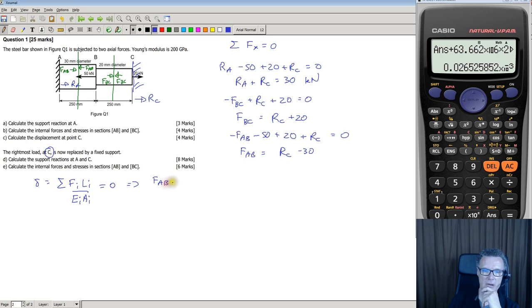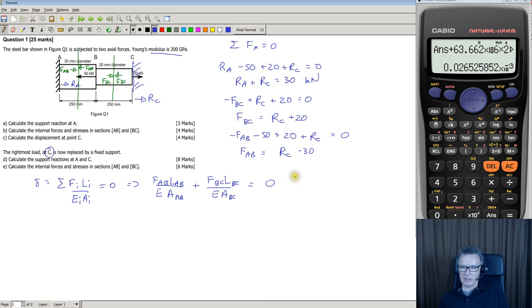So therefore, I can say that FAB LAB over E is just a constant, so we'll just say E, and then we've got AAB plus the length of the BC bar, EABC equals 0.